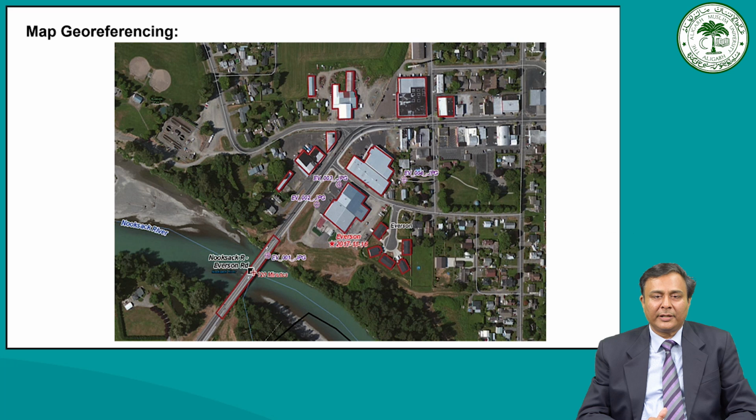So which GCPs would be more appropriate? You just look into the image and then you will have an idea. You see, we have ground control points for each location of this image, but those which have specific intersections are easy to locate.